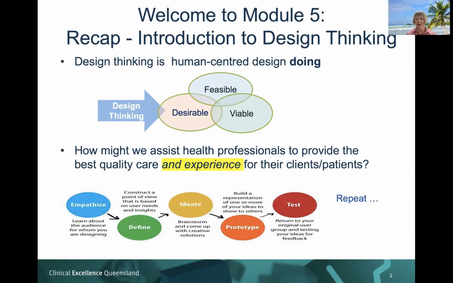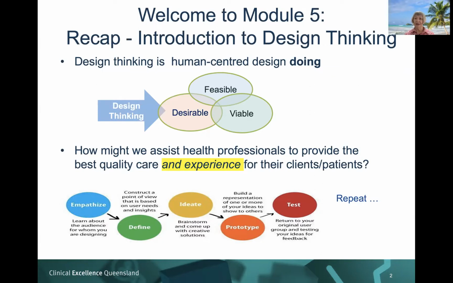And if you look at the bottom of that screen, you may remember this framework that we looked at came originally from the D School. Why are we using it? It is one of many, but it's really a nice, simple way to get started, but mainly because human-centered design is certainly around empathizing.